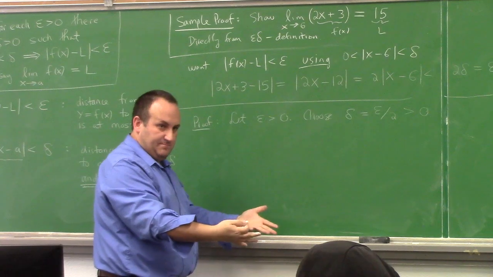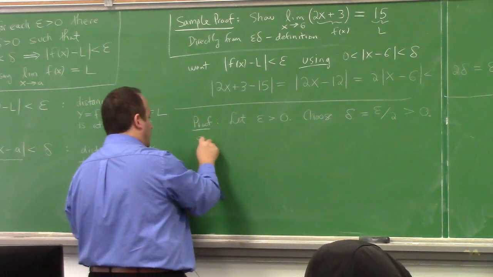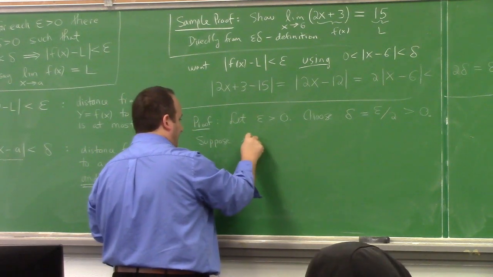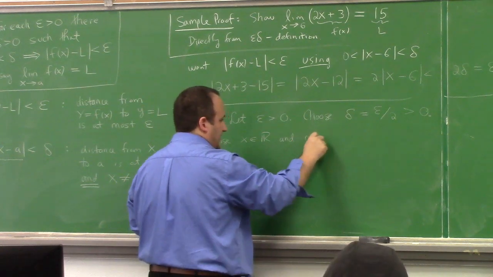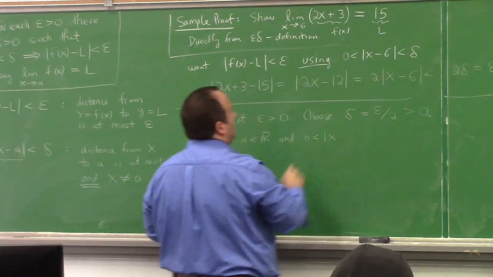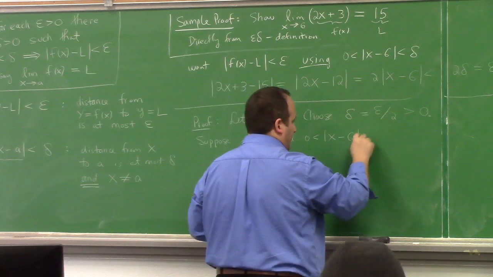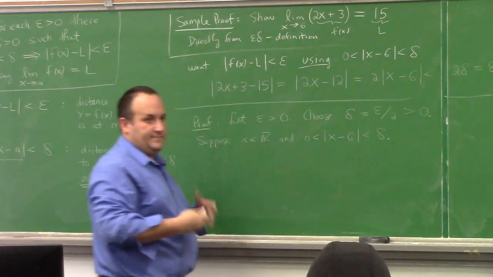Okay, so I made my choice, period. Now suppose x is a real number and 0 is less than the absolute value of x minus 6 is less than delta, all right?